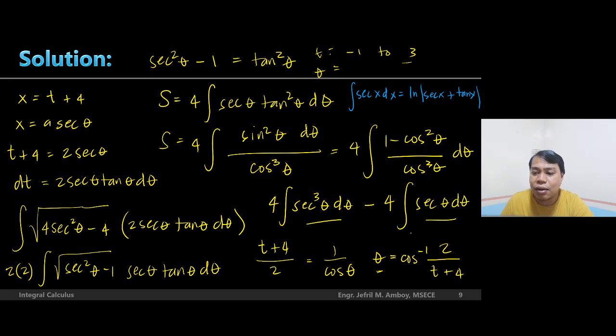Ano nga yung limits na nakuha natin? That's cosine inverse of 2/3 hanggang cosine inverse of 2/7. Okay? So, an important reminder, kapag nagpa-perform ka ng integration involving trigonometric and inverse trigonometric functions, dapat ang iyong calculator ay naka-radian mode.